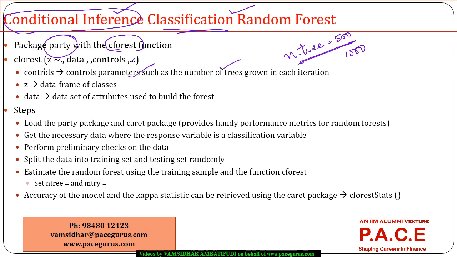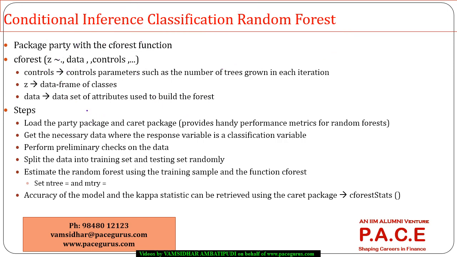And apart from that, Z is my response variable. The response variable here is a multi-category classification variable, whereas the data is the data frame containing all the various attributes with which I want to build the random forest. So we'll get started with the process.